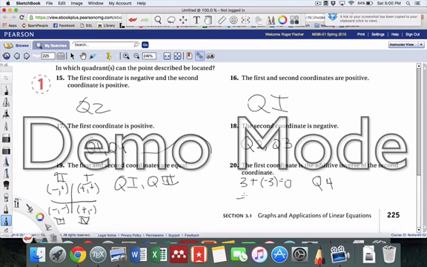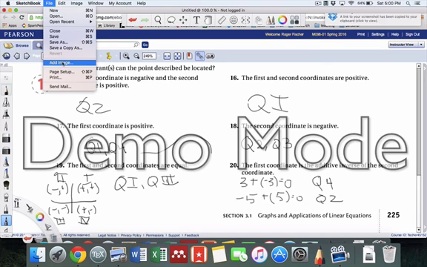But let's say something like, let's start with a negative 5. The additive inverse of negative 5 is positive 5, since those numbers add to 0, and I see that points in quadrant 2 have that property. So if you have an ordered pair where the first coordinate is the additive inverse of the second coordinate, the point you are discussing must either be in quadrant 4 or quadrant 2.